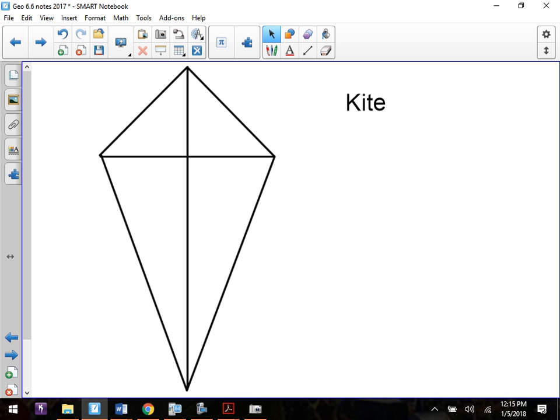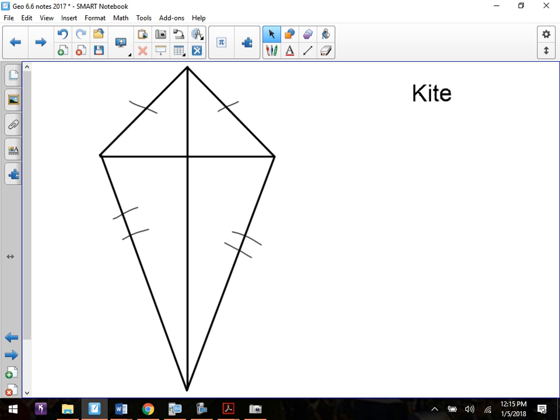So properties. Kites are made up of two isosceles triangles that share the same base. Kites are just two isosceles triangles that share the same base. Okay.